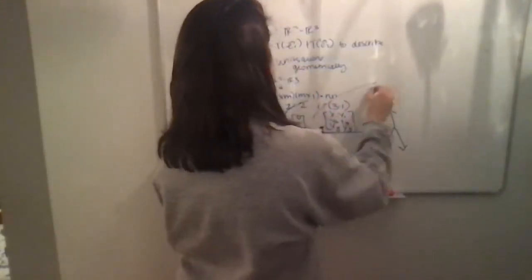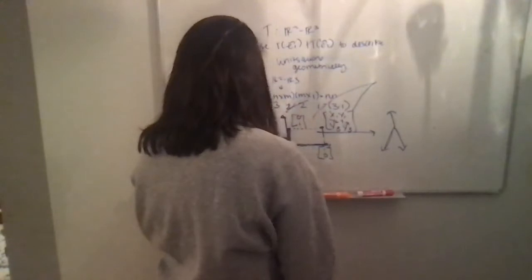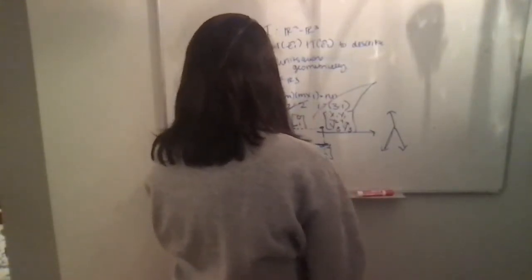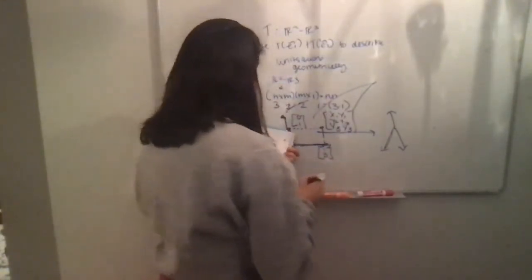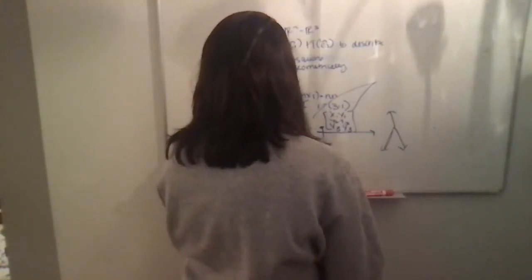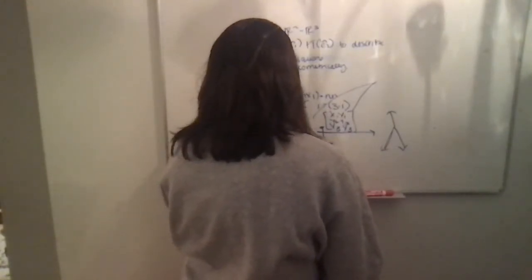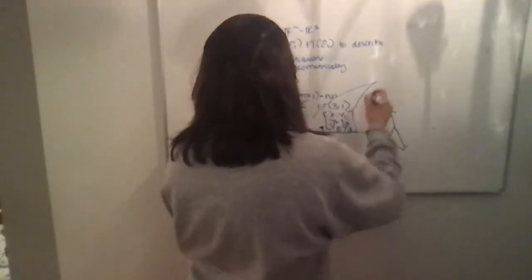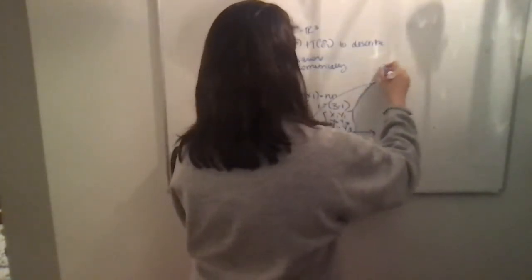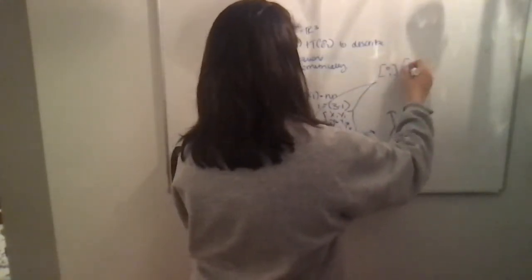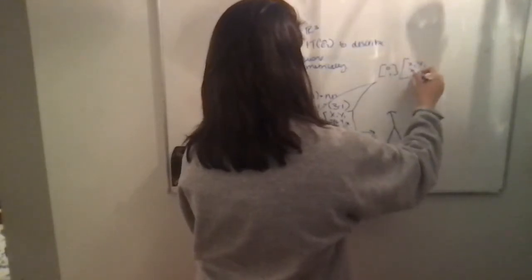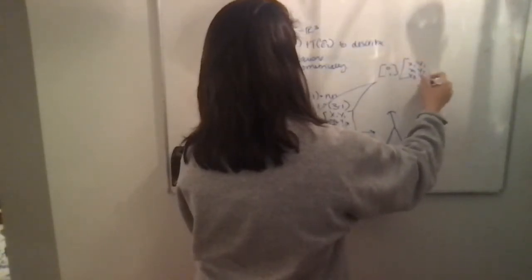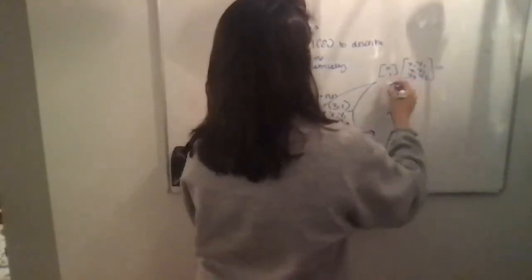So if we multiply these two things, let's see what we get. You end up with this new vector. So you've got 0, 1 times x1, y1, x2, y2, x3, y3, and that will come out to some vector.